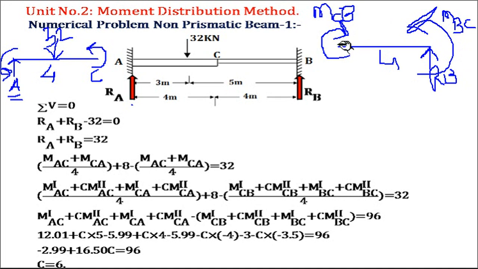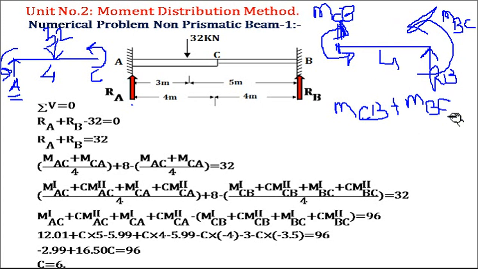For that I will take the moment at C equal to 0, considering anti-clockwise positive, clockwise negative. So MCB acting in anti-clockwise direction, positive, and MBC is also acting in anti-clockwise direction.